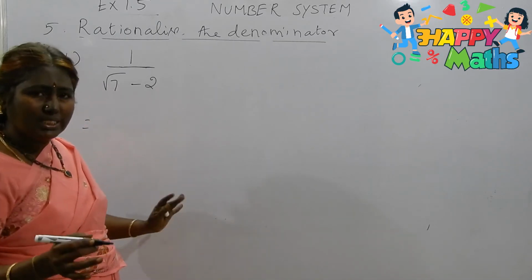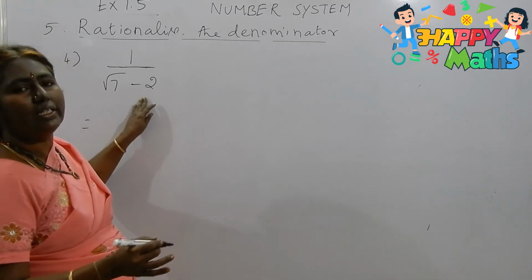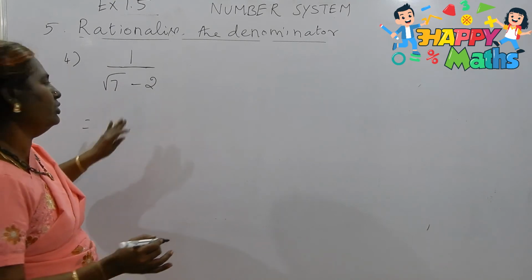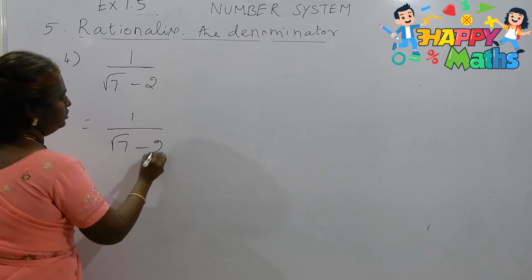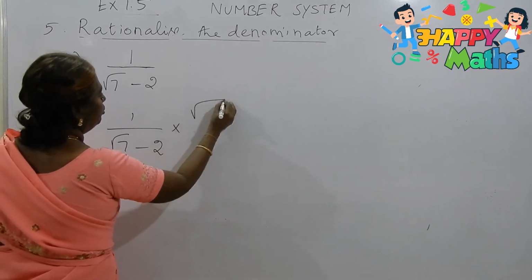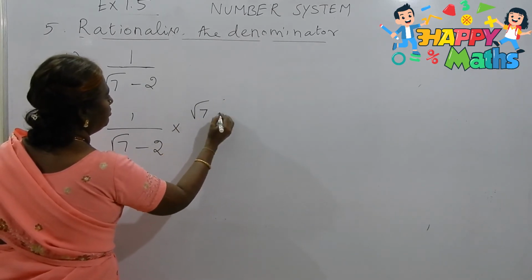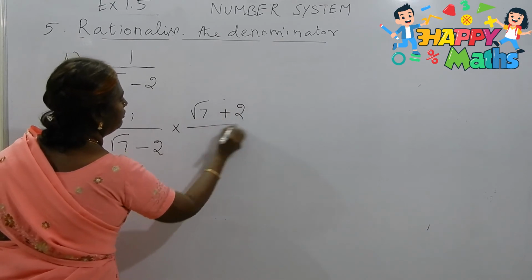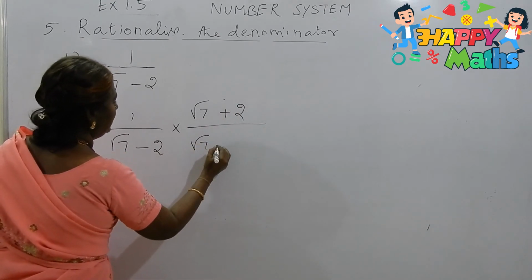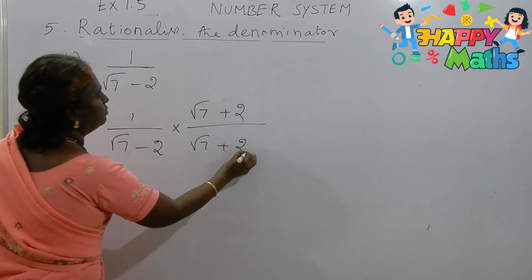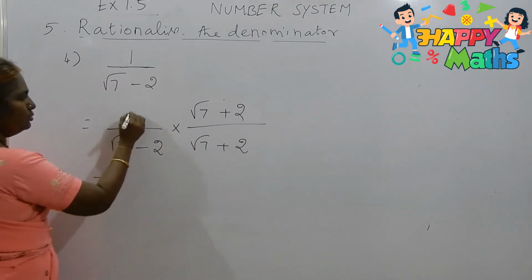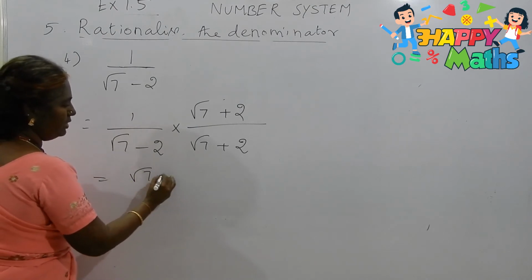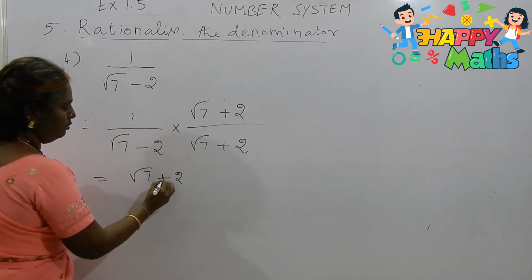Now, very simple. You have to write the conjugate, that is the opposite sign, for this. So 1 by root 7 minus 2: both numerator and denominator must be multiplied with the opposite sign at the center, so plus 2. I think this is very clear for you now. Let me multiply. This is 1 only, so root 7 plus 2 will be coming at the numerator.